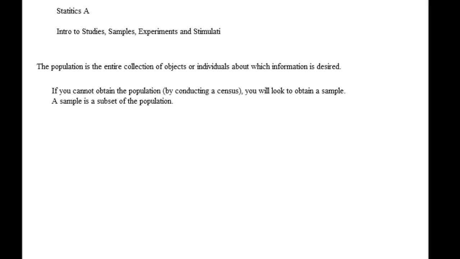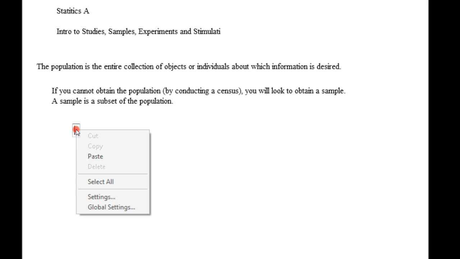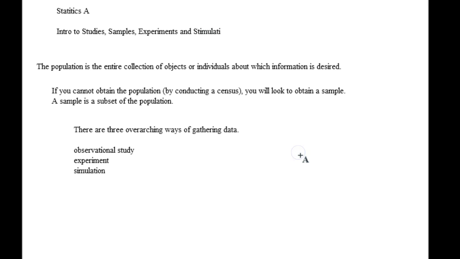There are three overarching ways of gathering data for this: observational study, experiment, and simulation. An observational study is where you're simply observing them without doing anything to manipulate anything. You're just observing what's going on.